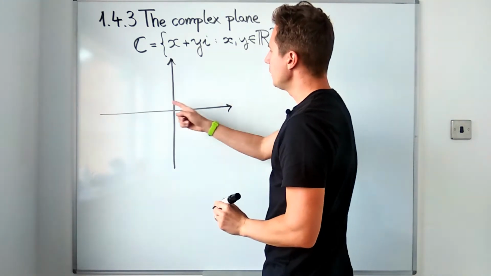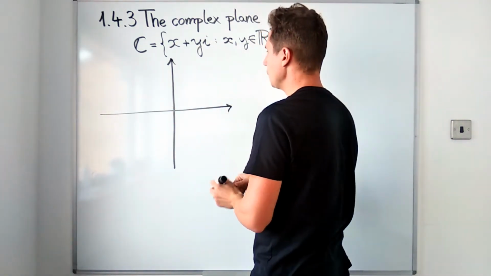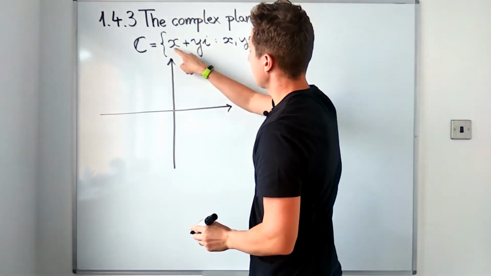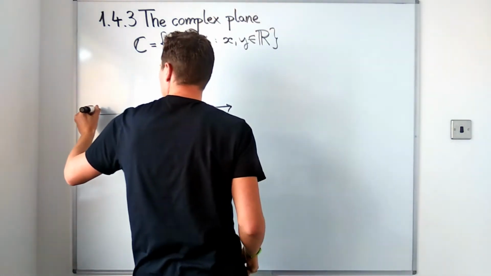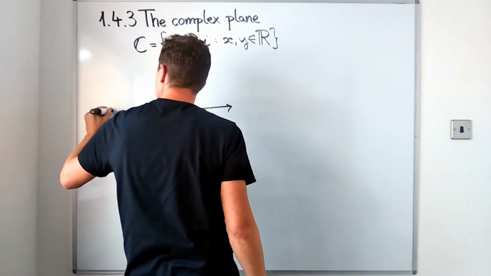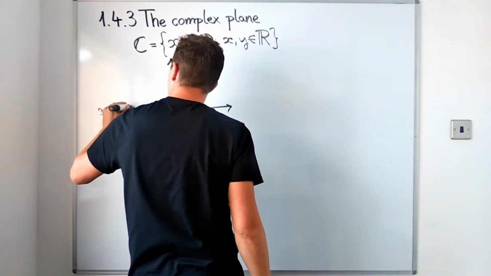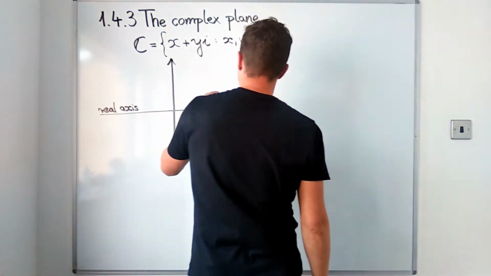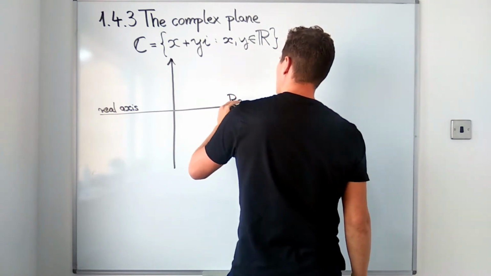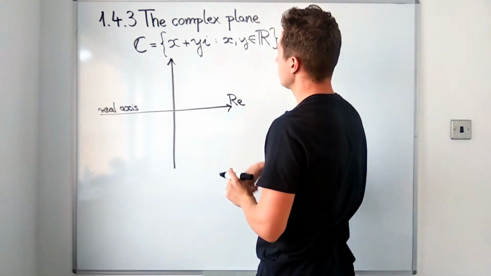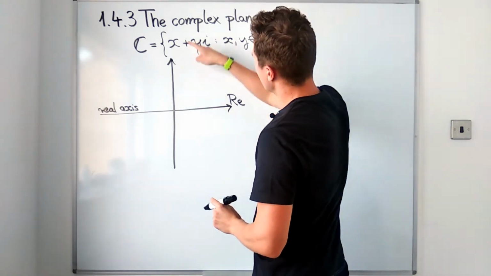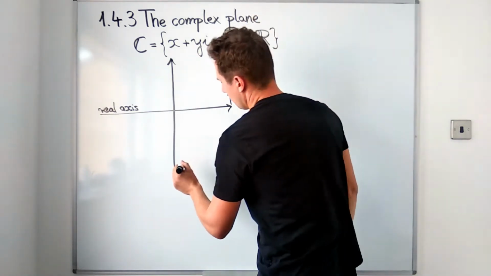We'll use these coordinate axes to measure out x on the horizontal axis, which we'll call the real axis. And we'll give it a label RE. And we'll use the vertical axis to measure the imaginary part of our complex number.